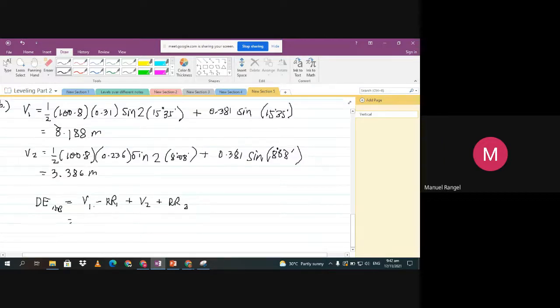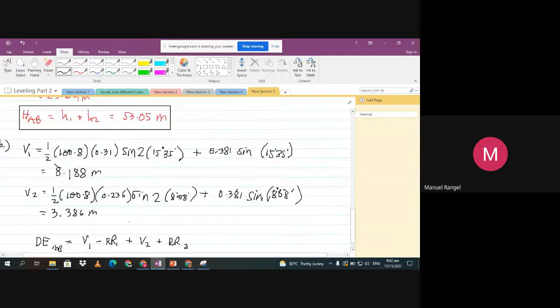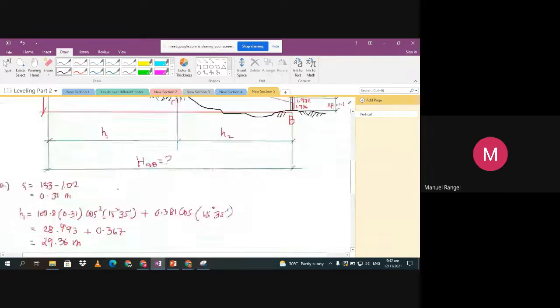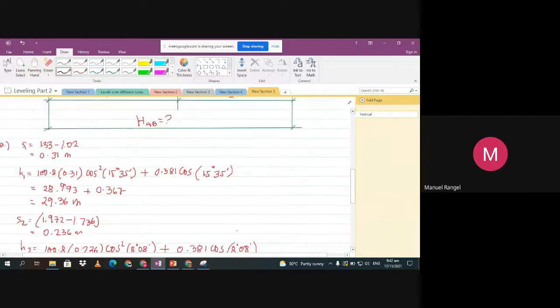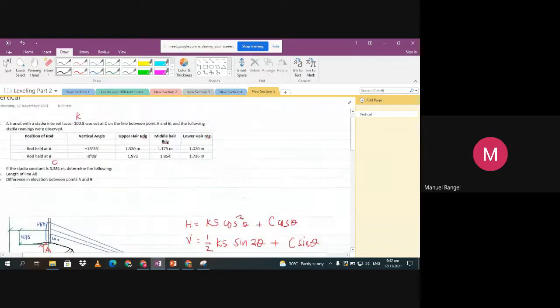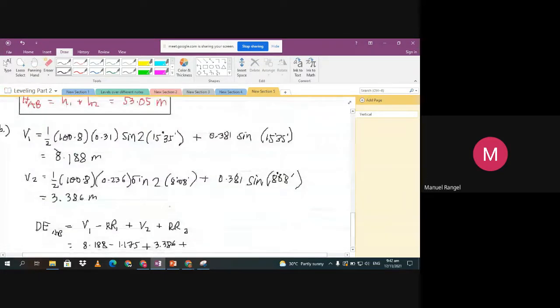So that is 8.188 minus the rod reading at 1.175 plus V2, 3.386 plus the rod reading at B, 1.854.